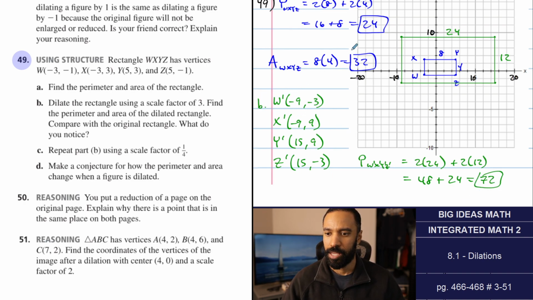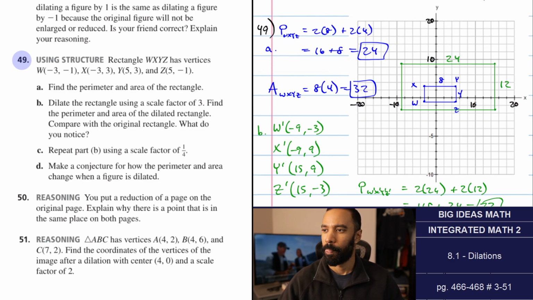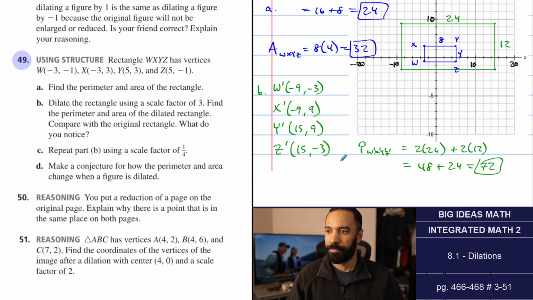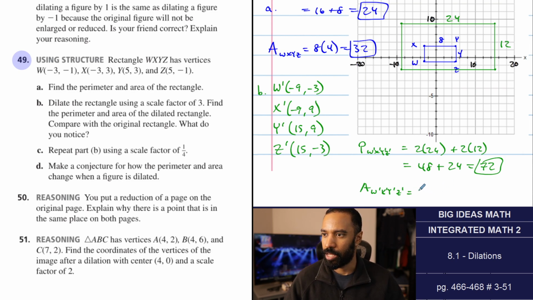This was part A. The area of W prime, X prime, Y prime, Z prime is 24 by 12, which is 288.